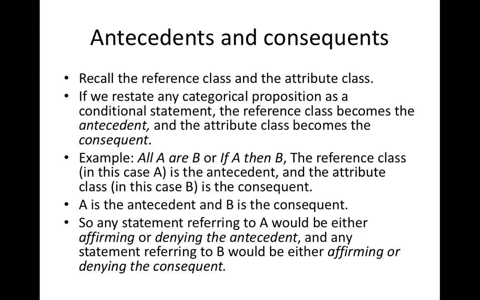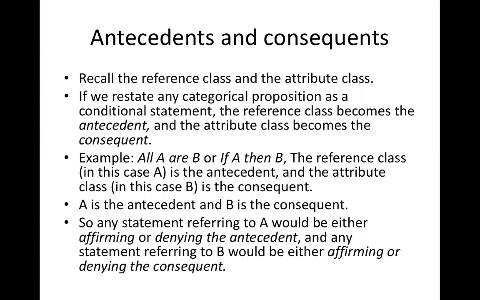Now, remember we said all men are mortal. If something is a man, then it is mortal. If something is a man, is the what? Is a reference class. Then it is mortal, is the attribute class. When you look at all men are mortal, all men is reference class, and mortal is attribute class.